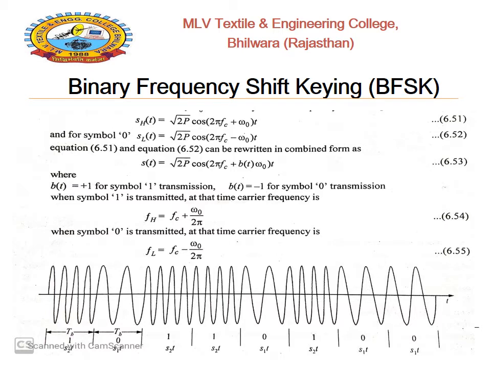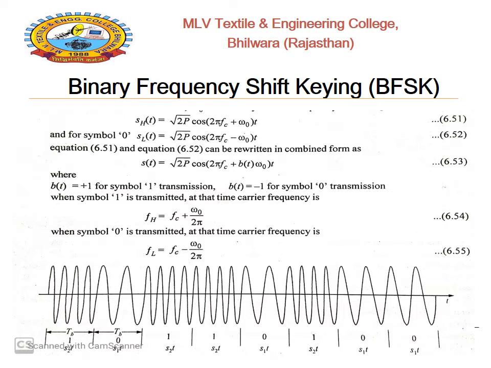As we see in equation 6.51, SH(t), where H stands for high, represents the higher frequency component related to b(t) equal to +1 or symbol 1 transmission, where omega naught is added to the 2 pi Fc component.